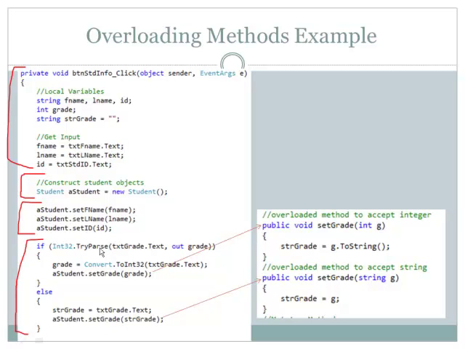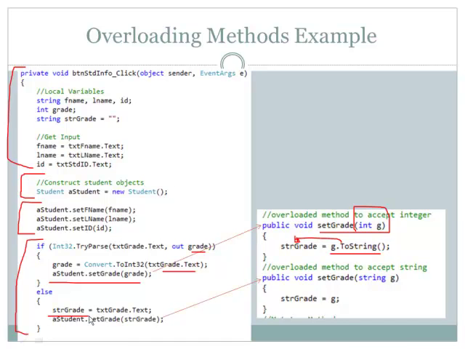So if they entered in an integer, then I want it to convert it to an integer, and then I'm going to send over SetGrade using the integer variable. So it's going to come over, this is from my class, it's going to look at SetGrade, it's going to find the integer, it's going to turn that into a string and set it to string grade, which is actually my variable in my class.